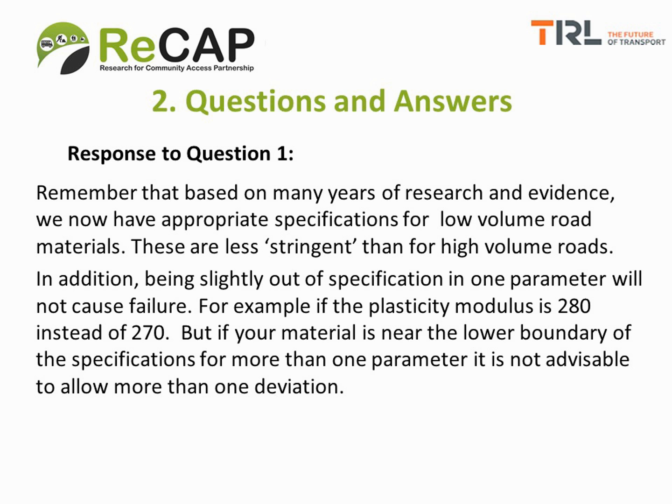Therefore, if you then make a less stringent selection, it means you are now going beyond the boundaries of what has already been found through research and evidence to be appropriate for low volume roads. In addition to this, I wish you to note that being slightly out of the specification in one parameter will not cause failure.